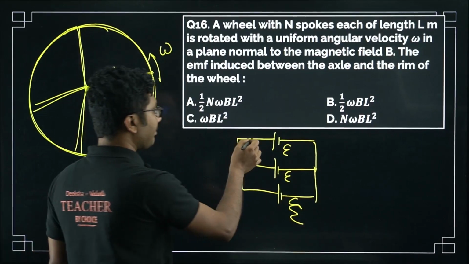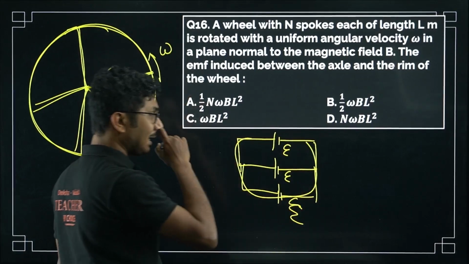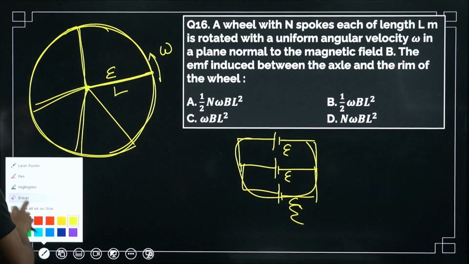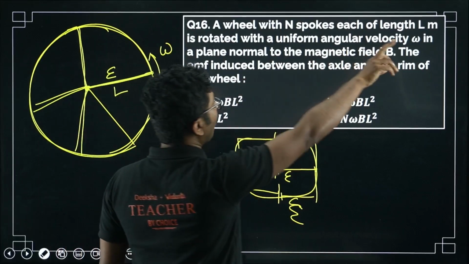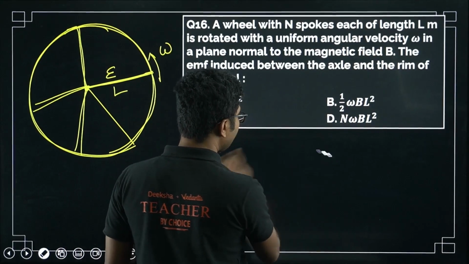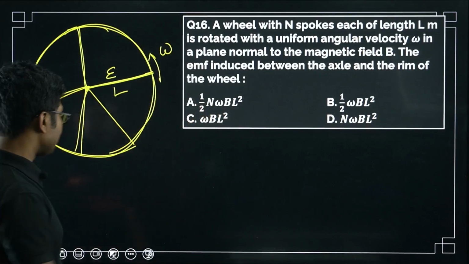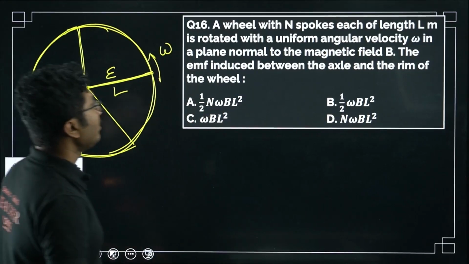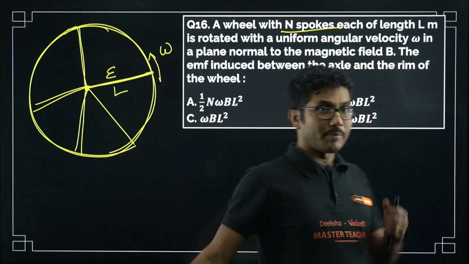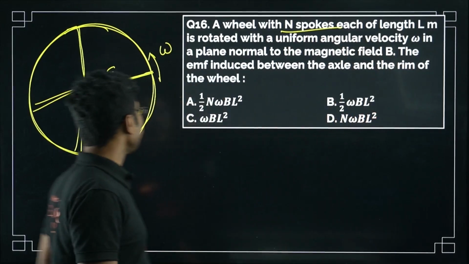Because of that you don't need to consider the total number of rods connected. It can be 100, it can be 1000, it can be 1, it can be 10, does not matter. Number of spokes does not matter in this problem. This is a very specific problem. How to solve it now?